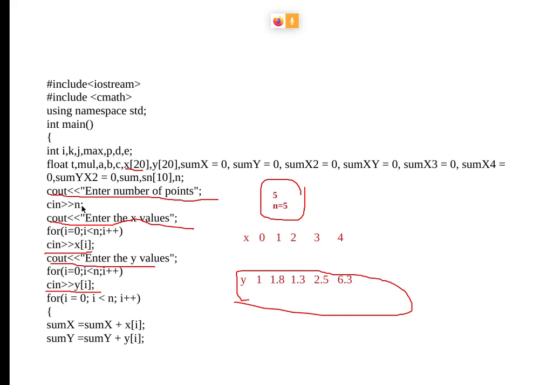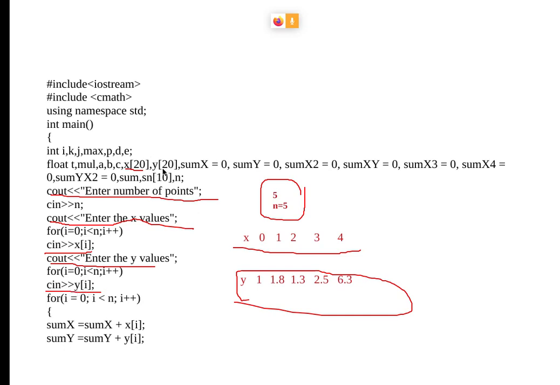I am having n x values and n y values. That's why my for loop is for i equal to 0, i less than n, i plus plus, and n x values will be there. Each one will be stored in the array x of 0, x of 1, x of 2, etc. So the x array will thus be x of 0, x of 1, x of 2, x of 3 and x of 4. And for storing the value of y, I have used another array, the y array.